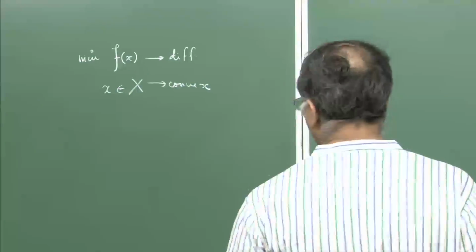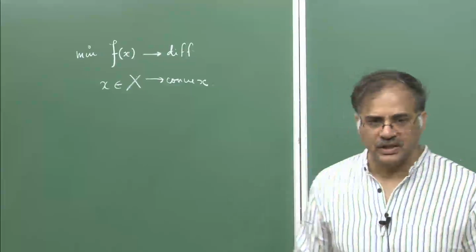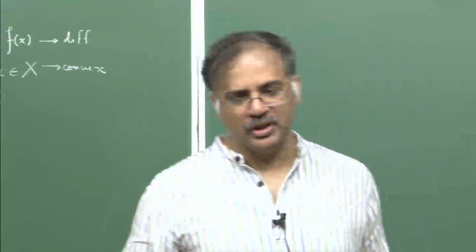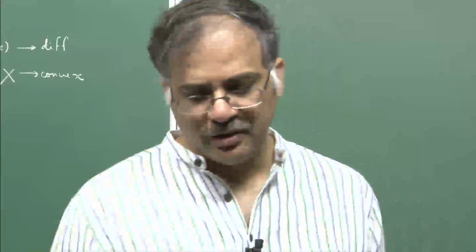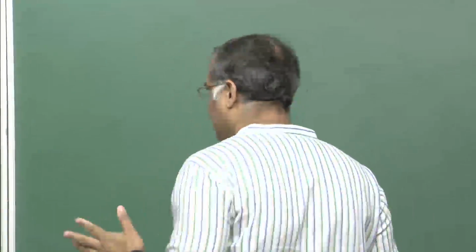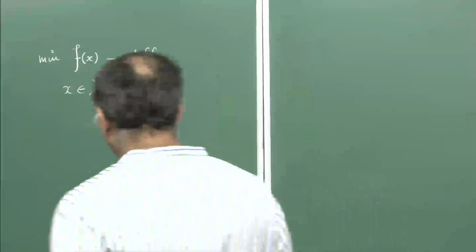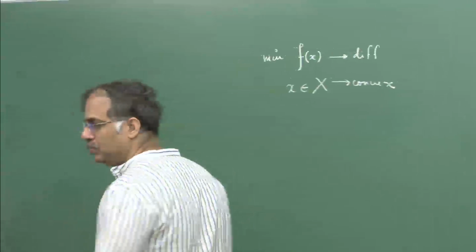So, when we get a critical point, because every local minima is a critical point, we were trying to convince ourselves that under certain good conditions this point x that we get would be quite near a local minima, or we are just happy to get a critical point which we can then test to be a local minima, or which we know from numerical experience is usually near the local minimum, because we are always decreasing the value of the function at every step. So, our algorithms are called monotone algorithms.